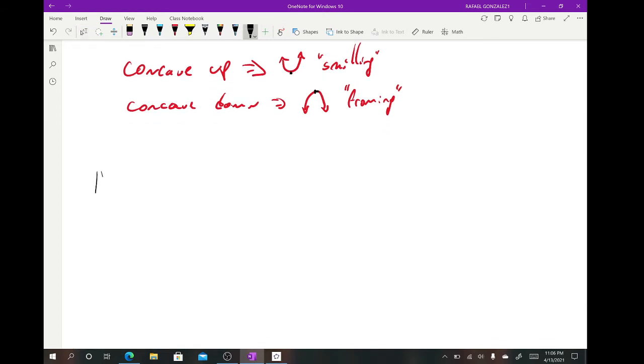But let me give you a theorem, because a theorem is actually what's going to give us the method of finding points of inflection.